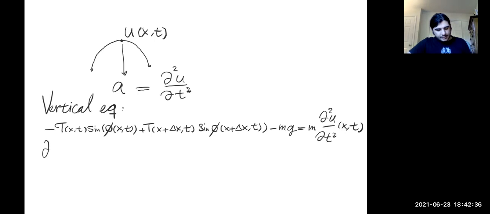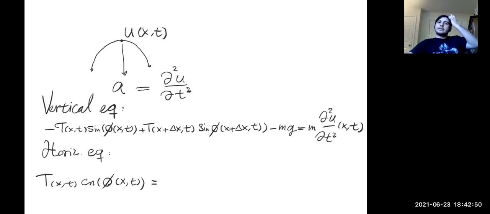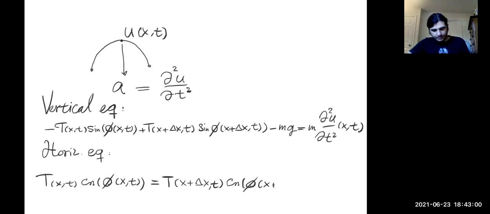What was the horizontal equation? The horizontal equation was that T(x,t) times cosine of phi(x,t) is equal to a constant, and we call that constant T. So it's equal to the same thing at x plus Δx, equals a constant.